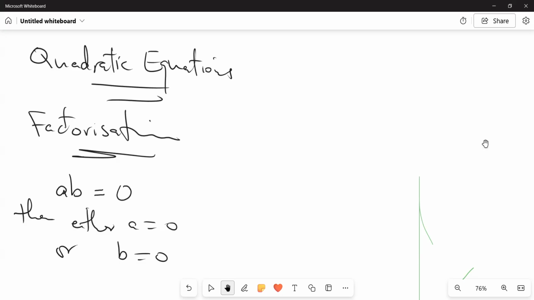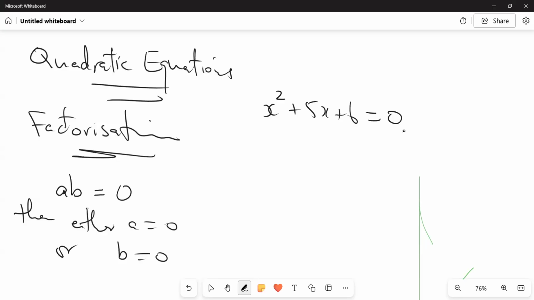All right, good. So let's see how we can make use of all of this to solve quadratic equations. Let's say you have a quadratic equation, x squared plus 5x plus 6 equals 0. And remember, your quadratic equation has to be equal to 0.